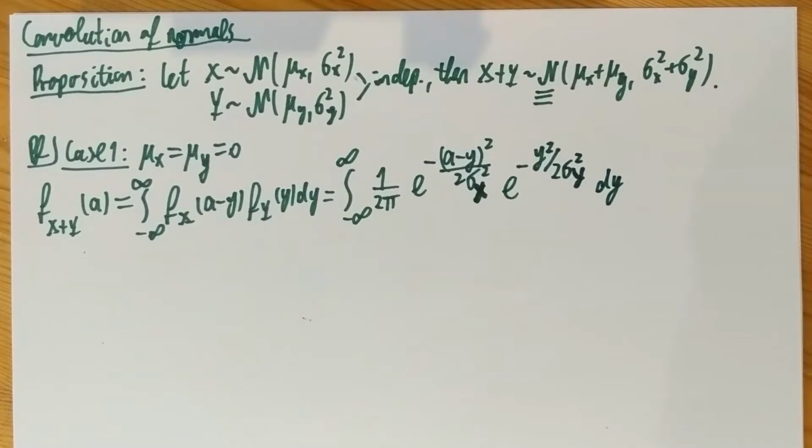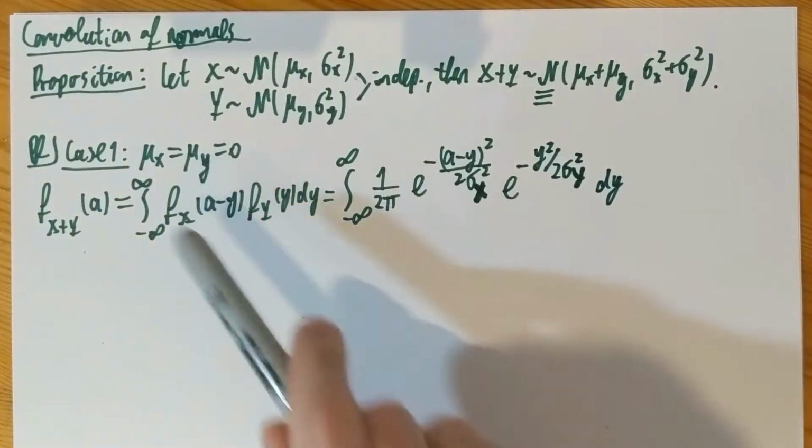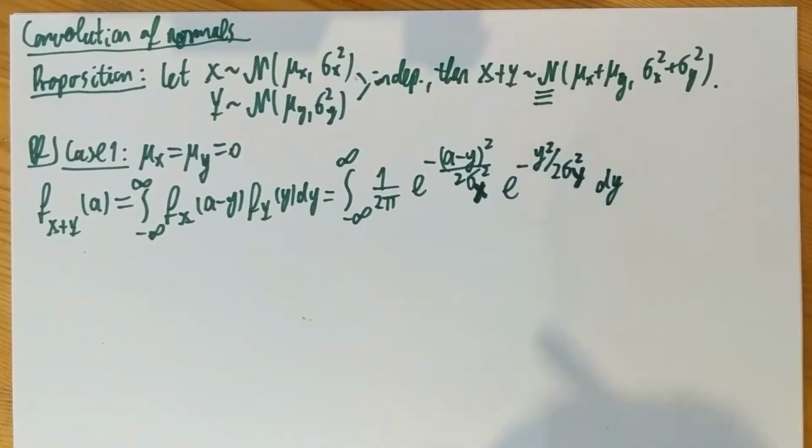Okay, this is the integral I need to calculate. Notice that the means are 0, so I don't have to subtract anything further here. That's all I have. And for a while I'm going to concentrate on the exponent.